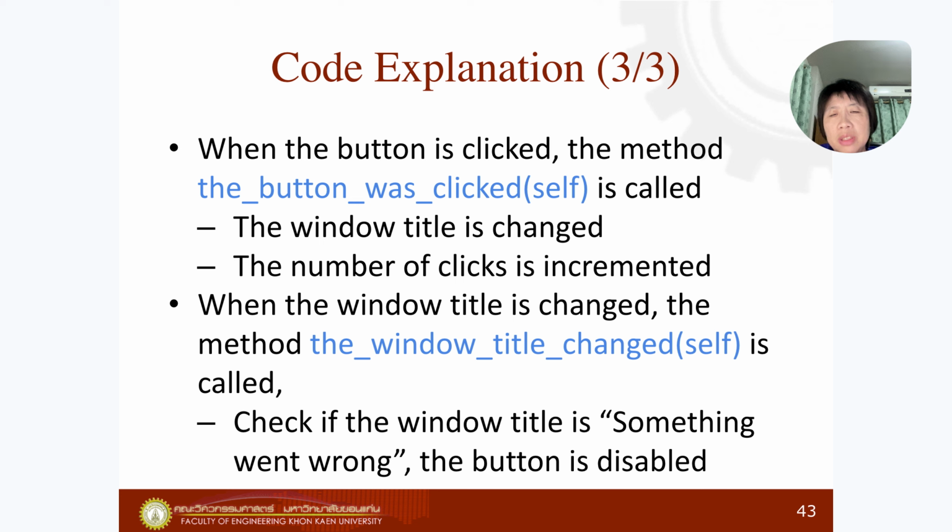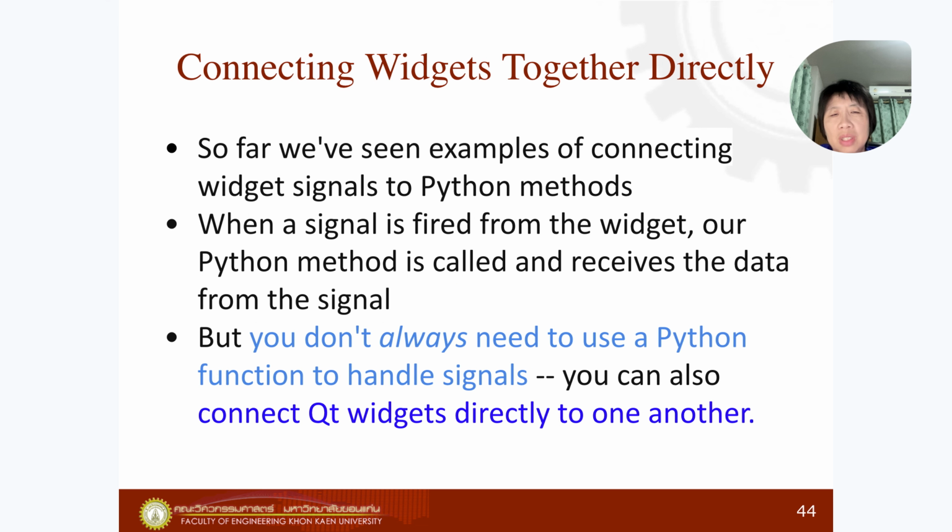When the button is clicked, the method the button was clicked is called, and the window title is changed. The number of clicks is incremented. And when the window title is changed, the method the window title changed is called, and this method will check if the window title is something went wrong. If it is, then the button is disabled.